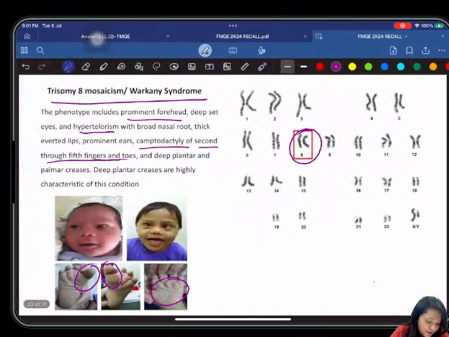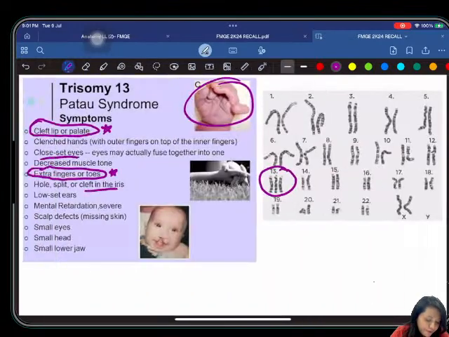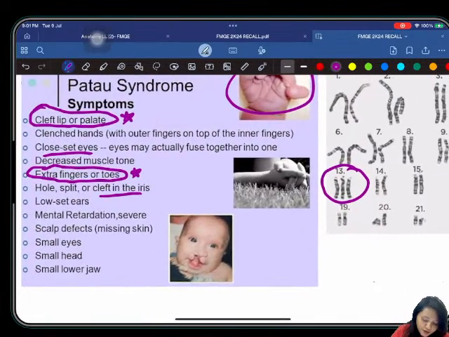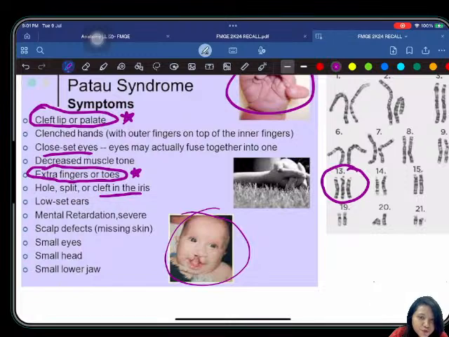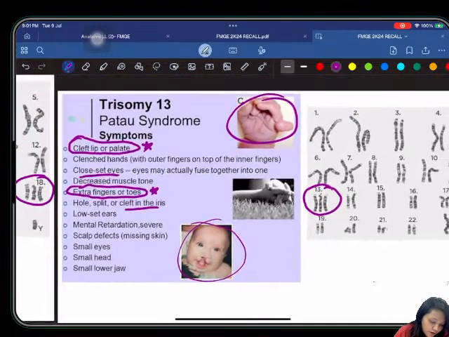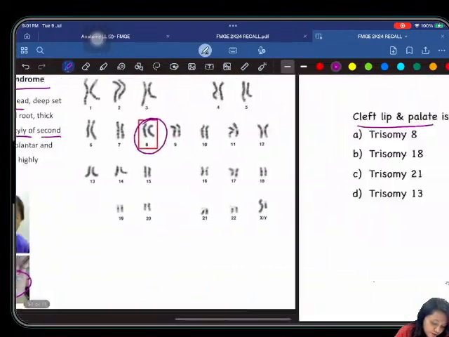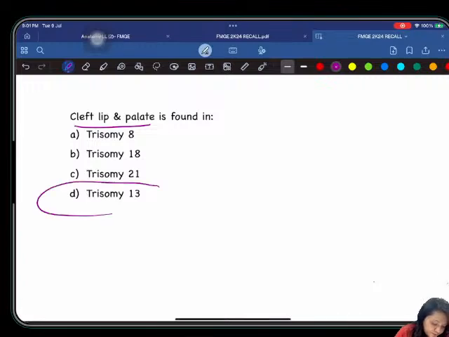We have studied about Patau syndrome, and the very typical feature of Patau syndrome is the cleft lip and cleft palate and the extra fingers and toes. So if they have given cleft lip and cleft palate among all the trisomies, then you have to mark the answer trisomy 13. That is your Patau syndrome.